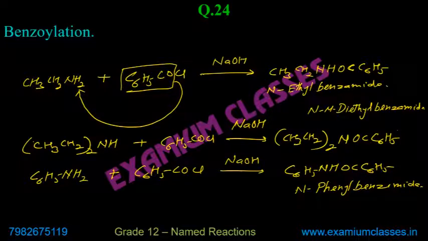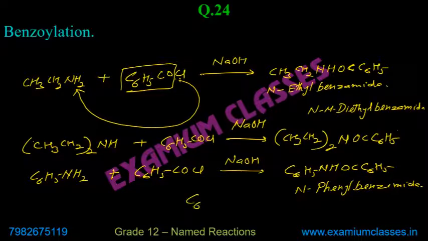No, Mansha, it won't be wrong if you write COC6H5. It won't be wrong, but this is the convention because this end of oxygen actually gets attached to nitrogen. So the convention is that if you write it like this, you write OCC6H5, or you write C6H5CONHCH2CH3.